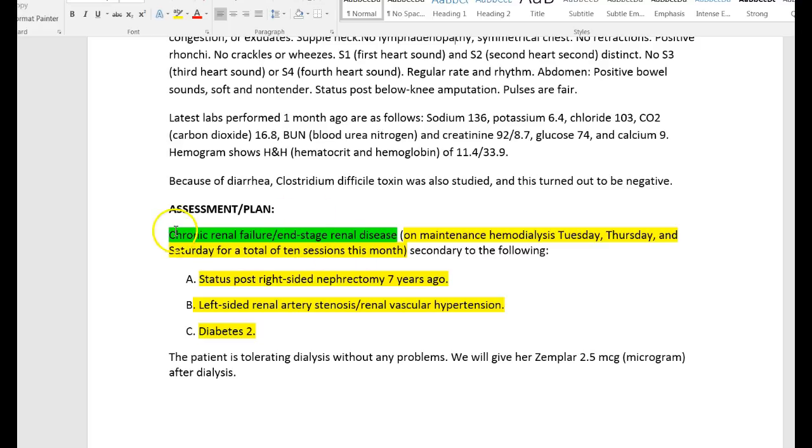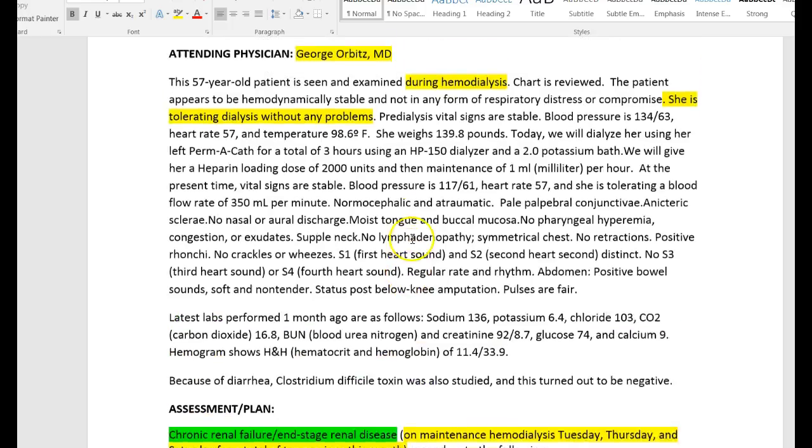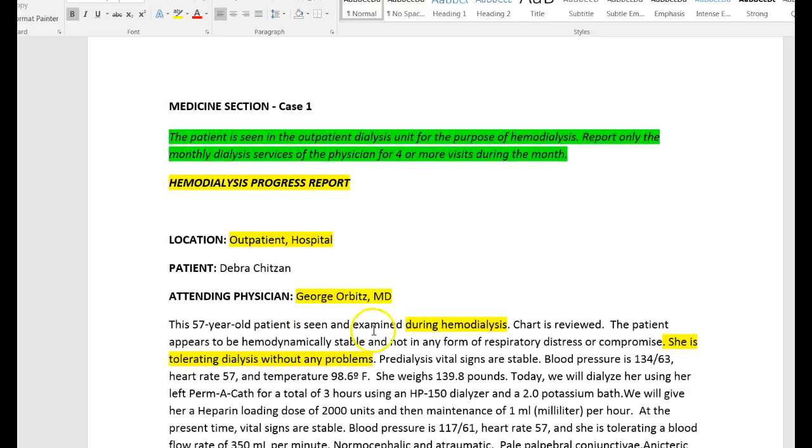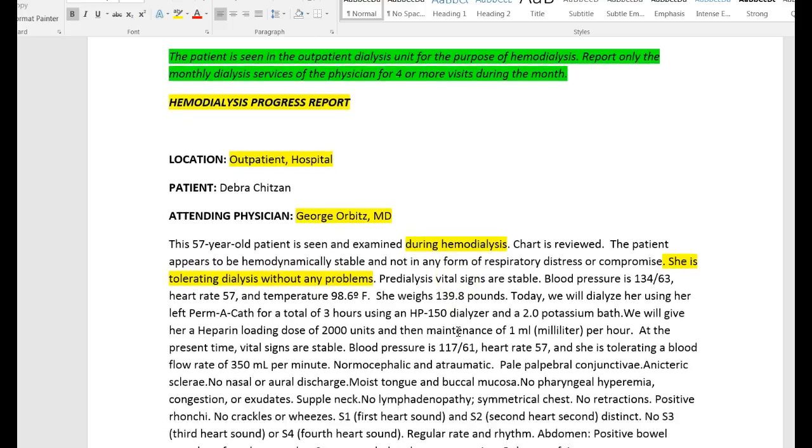So he's diagnosed her. An assessment and plan also includes your diagnosis, chronic renal failure, and end-stage renal disease. This could be considered her primary or principal or first listed diagnosis, simply because this diagnosis is the main reason for the services today.